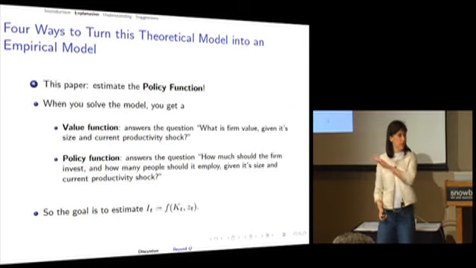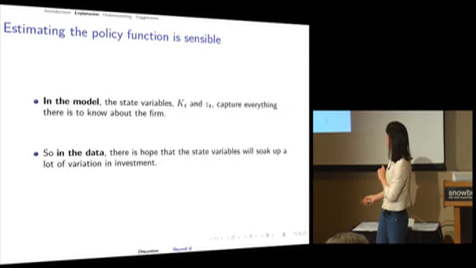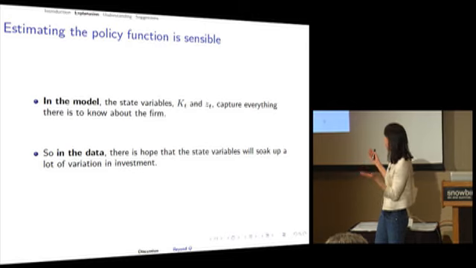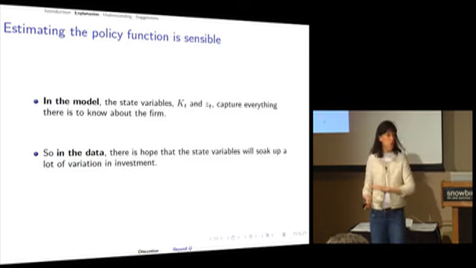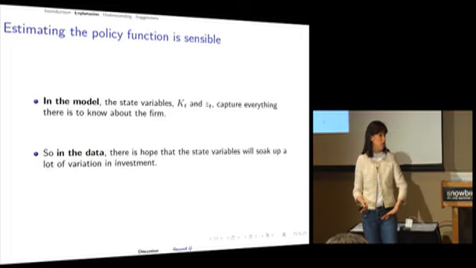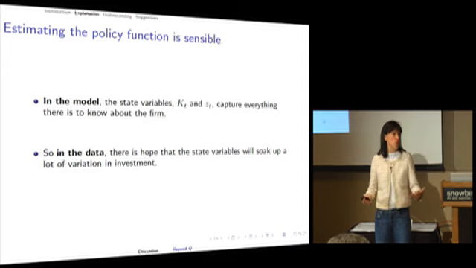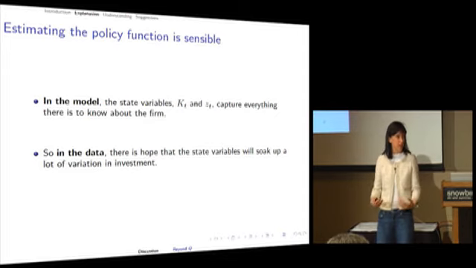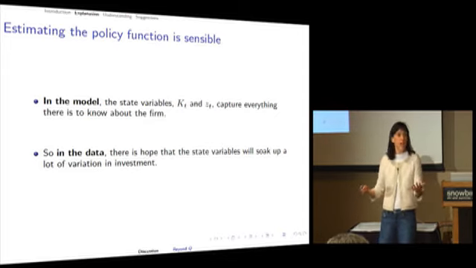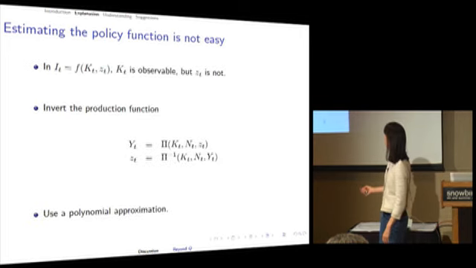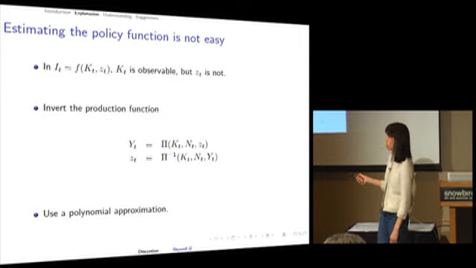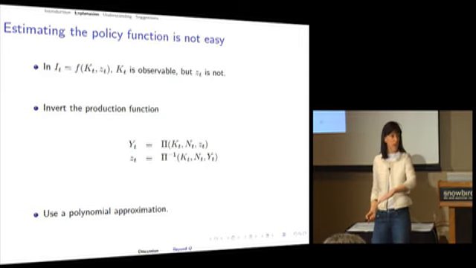But first I want to delve a little bit more into this. In the model, this might be a reasonable thing to do. In the model, the state variables capture everything there is to know about the firm. So you might hope that in the data, they do a pretty good job of soaking up all the variation there is to soak up. So it seems like a sensible thing to do. But it's not easy, because our policy function is a function of something that's observable and something that's not so observable.